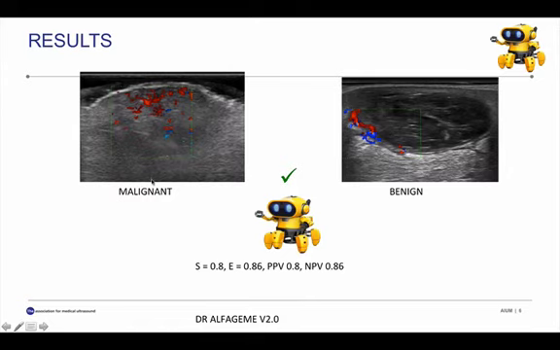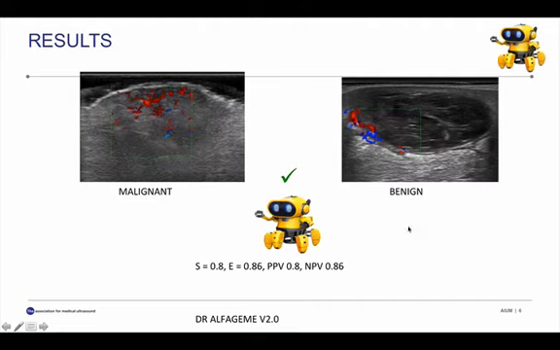Here you can see whether it's malignant or benign, and what we got in the training was that the differentiation of benign or malignant reached a sensitivity of 0.8 and a specificity of 0.6, a positive predictive value of 0.8 and a negative predictive value of 0.6. So the machine was quite good in training, when we trained it to differentiate between malignant and benign lesions. But as you know, we have to confront it with new data.